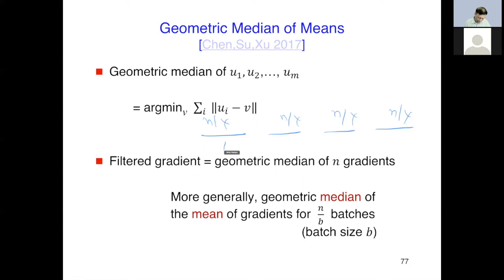There are 4 batches, so b equal to 4 in this example, and each batch has size n by 4. First, we compute the mean of these n by 4 gradients, these n by 4 gradients, these n by 4 gradients, and these n by 4 gradients, and then take the geometric median of the averages of these b batches. So we are applying the geometric median to just b average gradients. There are algorithms that use some version of this geometric median of means for the purpose of fault tolerance.